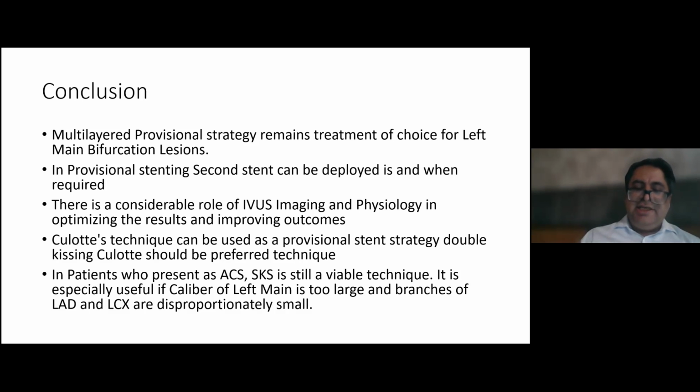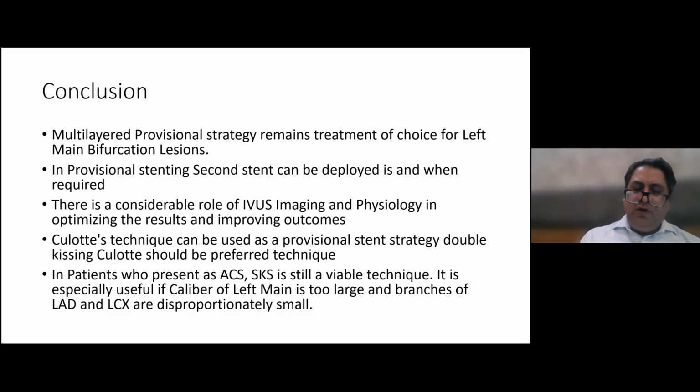Culotte technique is a wonderful technique. It can be used as a provisional stent strategy. Double kissing Culotte should be a preferred technique in which we add another step of double kissing before we do the final POT. In patients who present with acute coronary syndrome, the SKS is still a viable technique.